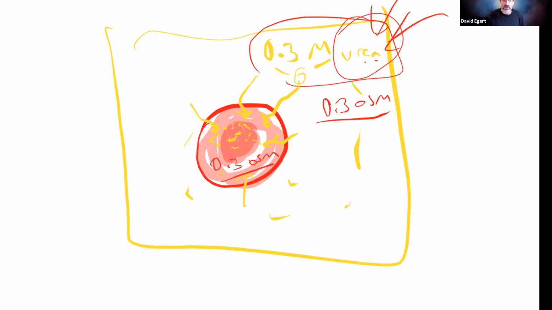As we add more stuff in here, we're increasing the osmolarity. Now all of a sudden it's higher osmolarity in here, and the water is going to follow the solute. The water goes to where there's more solute, so it's going to start to swell.